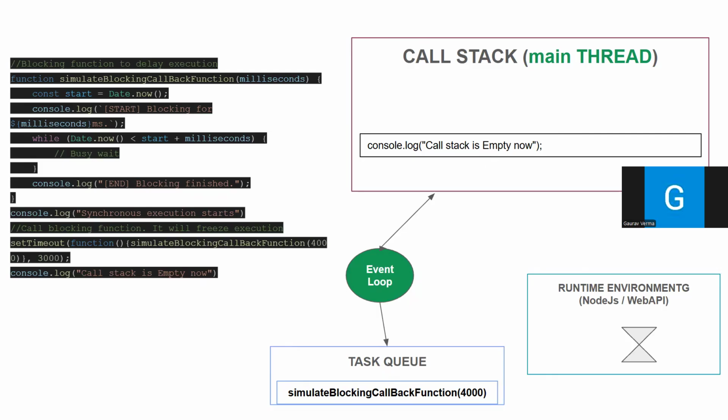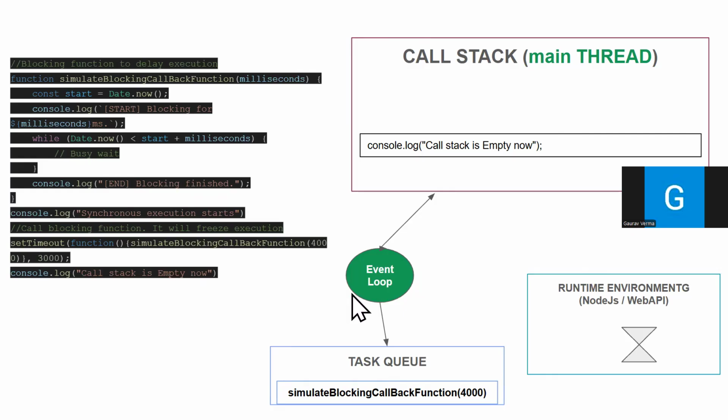The task queue basically holds a function waiting to get executed, and because it's a JavaScript function, it will always be executed in the call stack. But it will wait until the call stack is empty. Now, the call stack still has one statement to execute, so the event loop will not put this simulate blocking callback function into the call stack.